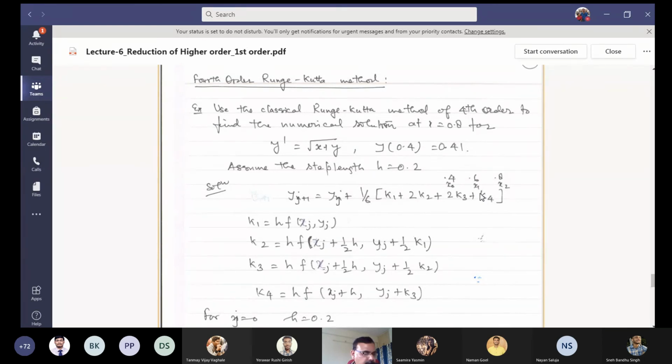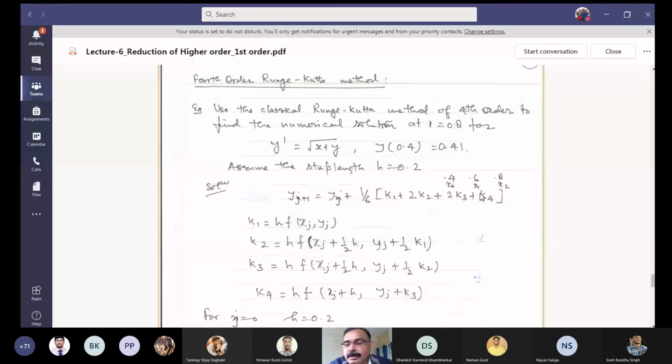Anybody got the value of y1? At least the person who has got all the K's, K1 to K4. So y1 is 0.6103476. Tell again, your voice is quite low. 0.6103476. That's correct.